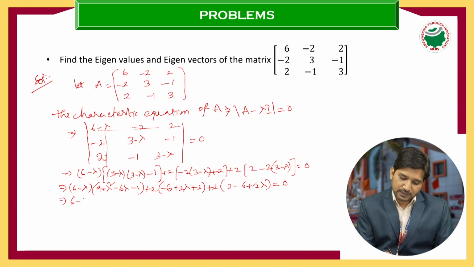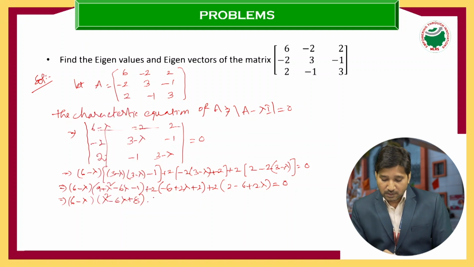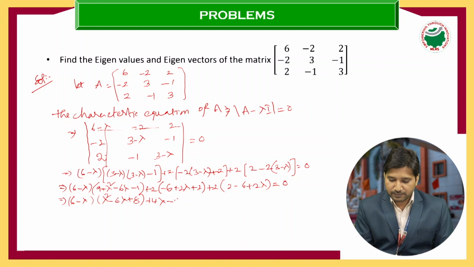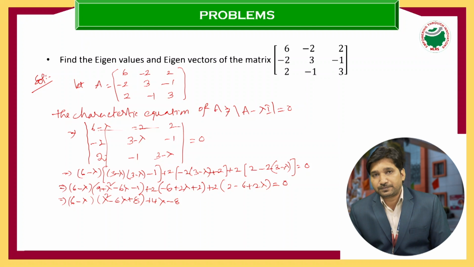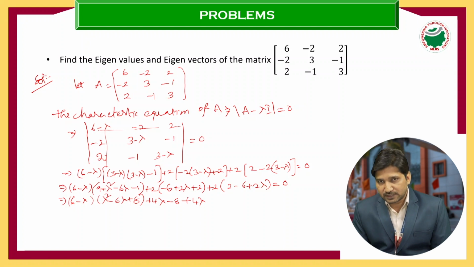So (6 minus lambda) into (lambda square minus 6 lambda plus 8), plus, here we have to simplify the rest. 2 into 2 lambda is 4 lambda, plus 4 lambda, minus 6 plus 2 is minus 4, 4 twos are 8, so you will get minus 8.